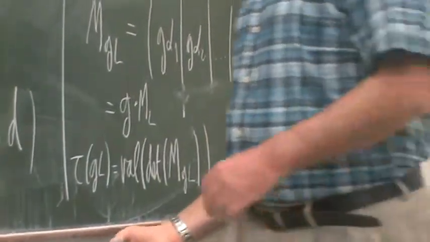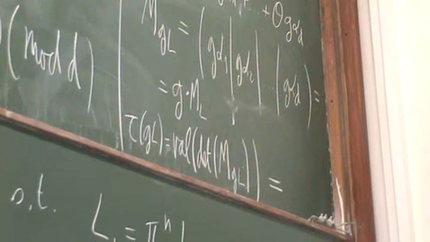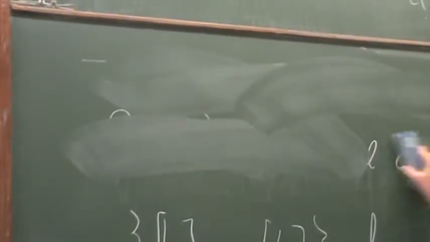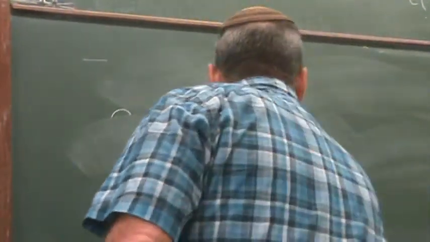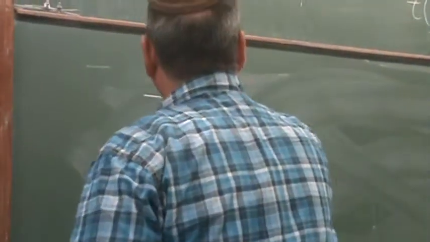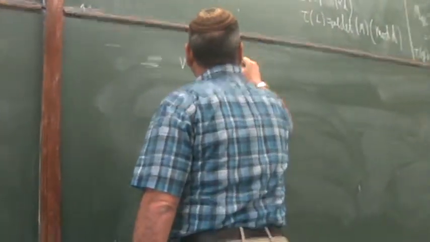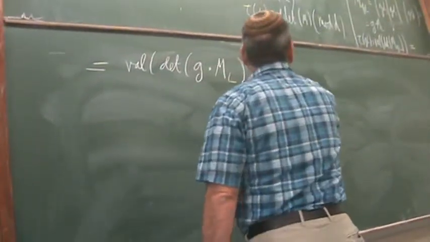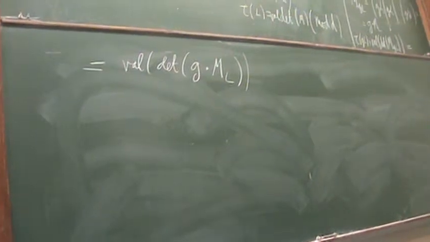This is equal to the valuation of the determinant of G times M of L. Well, after that we'll have to take it mod d.